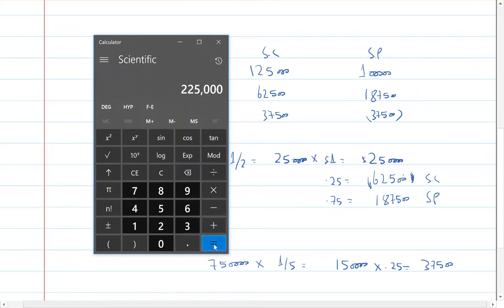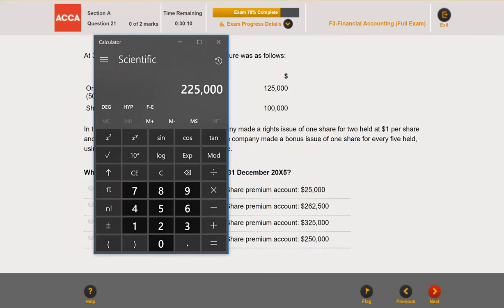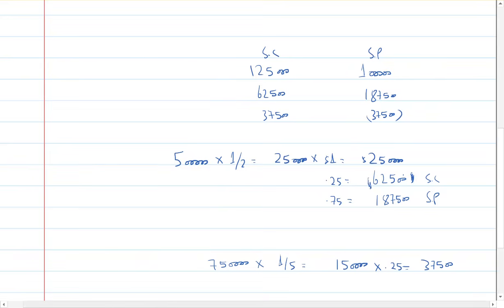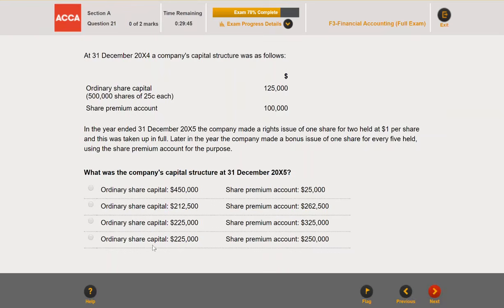Let's see, maybe we are able to answer the question. 225,000. So it means A and B is not the answer. It is either C or D. So share capital 225,000, share premium, it becomes 250,000. So the answer is D.